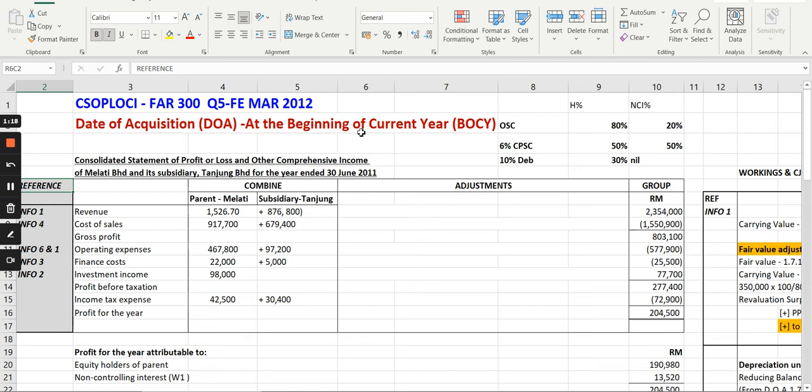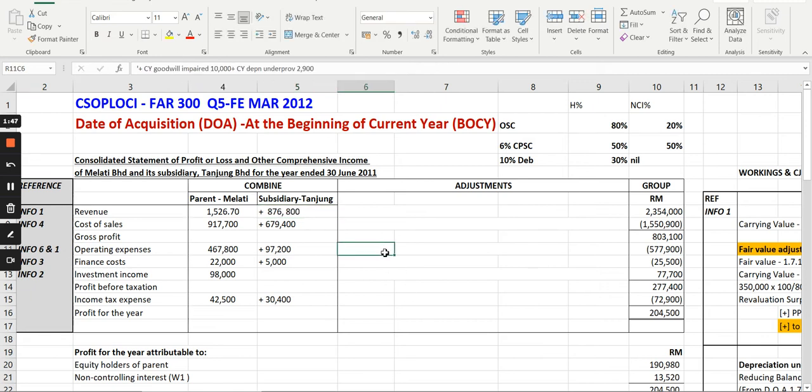Whenever the acquisition period is exactly 1 year or more than a year, the consolidation of the income and expenses in the subsidiary, here Tanjung, will be done for the full period of 1 year. So it will be added at 100%, right? You're not going to time apportion it. So no time apportionment is needed.